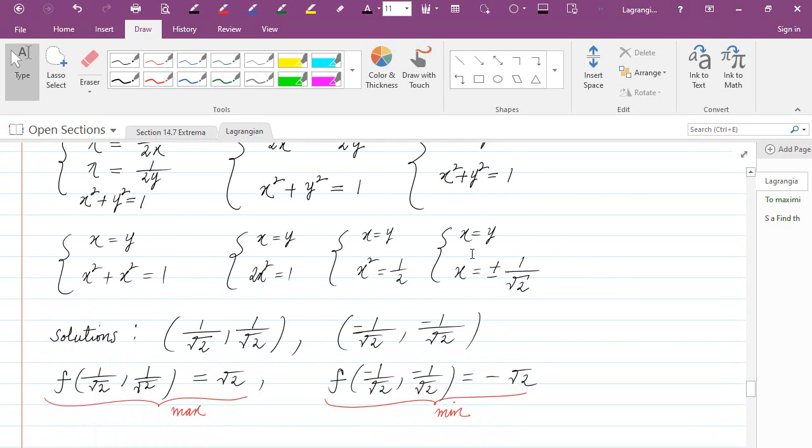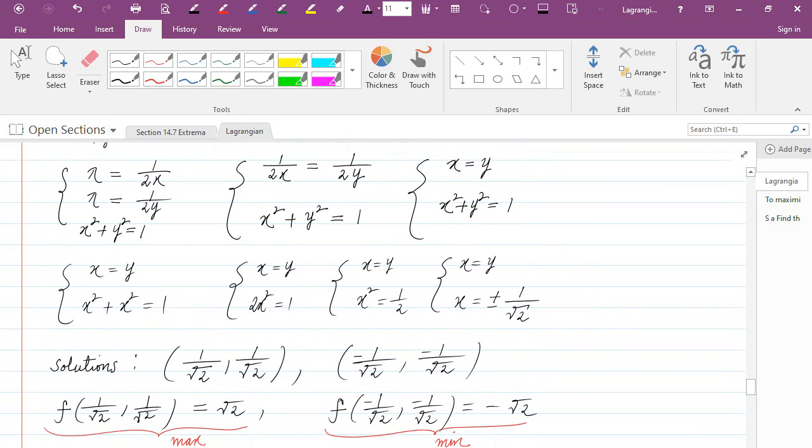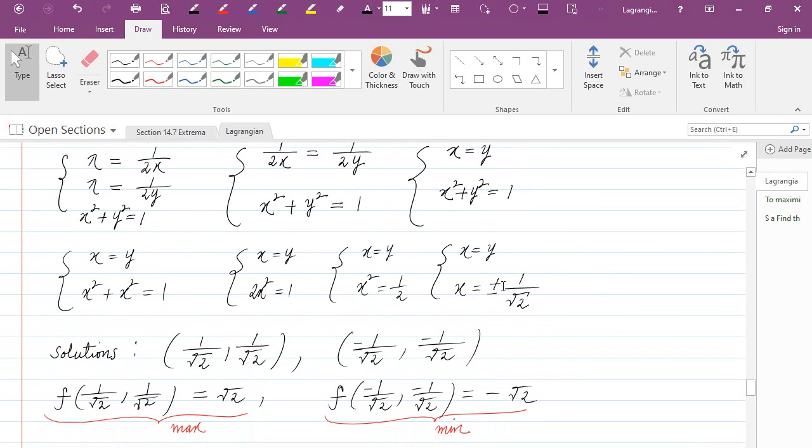So when x is minus 1 over root 2, y will also be minus 1 over root 2. When x is plus 1 over root 2, y will also be plus 1 over root 2. So we get two solutions, (1 over root 2, 1 over root 2) and (negative 1 over root 2, negative 1 over root 2).